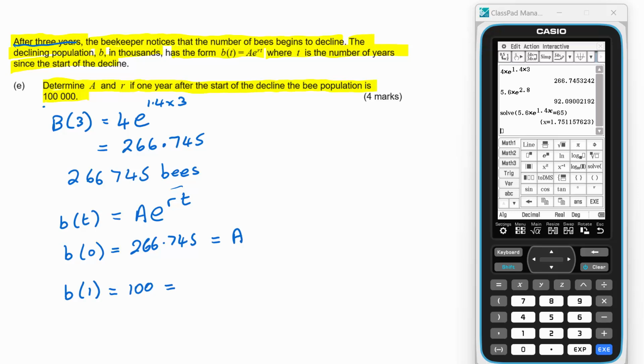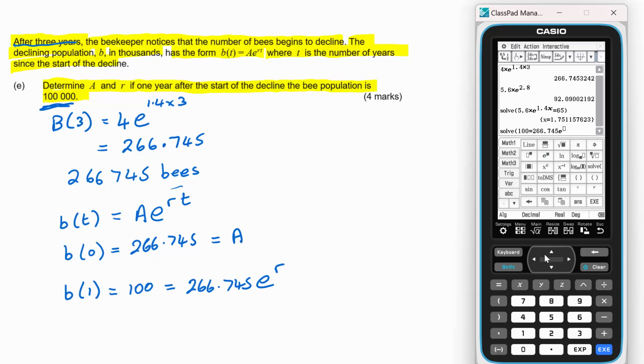And that's 100,000 there. And that's going to be equal to 266.745e^r. Remember, t is equal to 1. And we can solve for that. So we'll use solve. And we've got 100 equals 266.745e^x, and execute there, and it's negative 0.981.